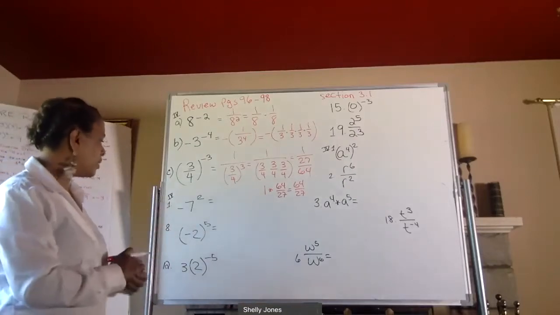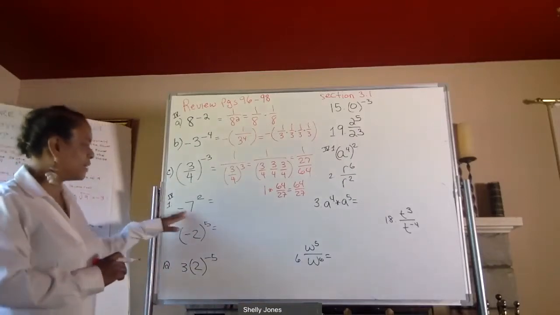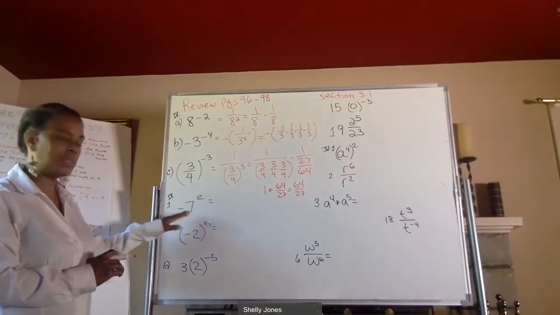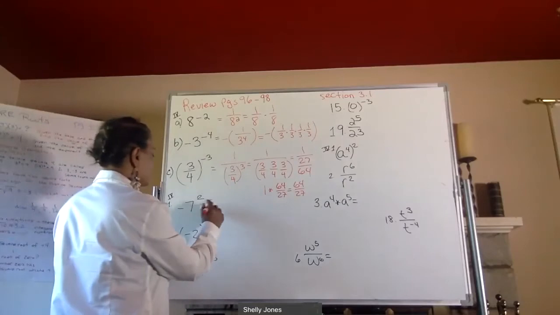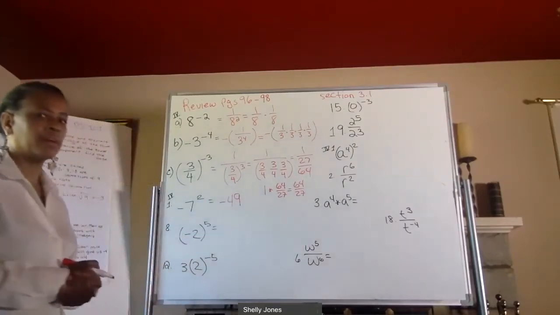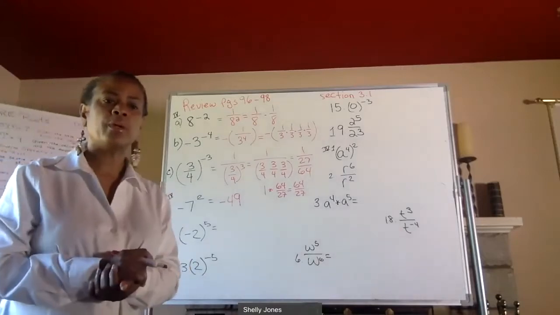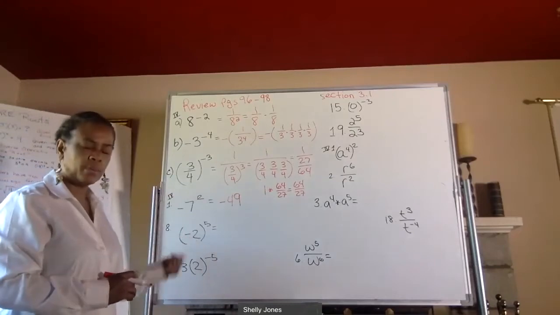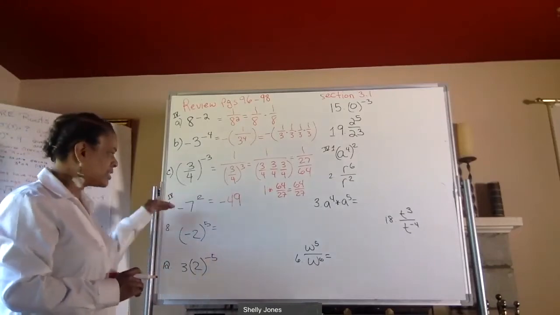All right, so this one again, this negative 7 squared means that the squared only goes with the 7. So I have 7 squared is 49, and then I still have that negative there. So that's one of the things we want you to watch: does that negative go with it or not? Number 8, now this is in a different section.